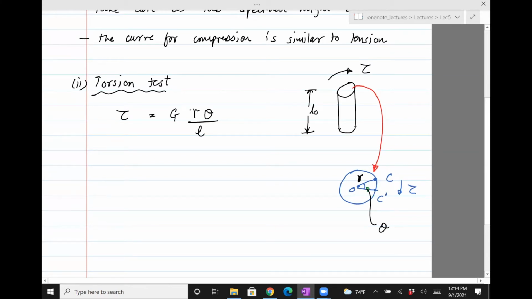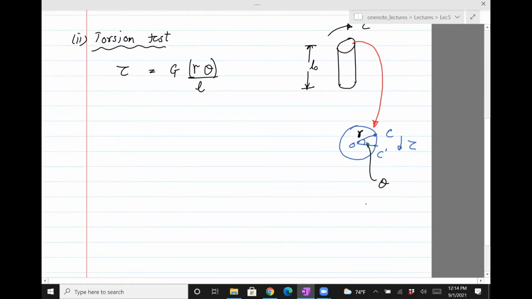Okay, so you can think of this r theta as the arc length, right? If you have a circle and it sweeps an angle theta, then this sweep S, which is the arc length, is r theta. And so that's the arc length divided by the length of the cylinder.